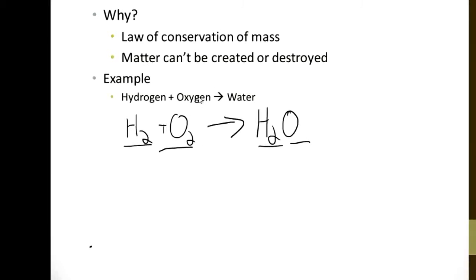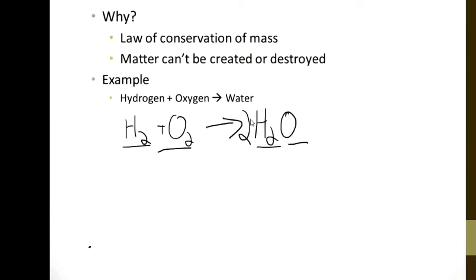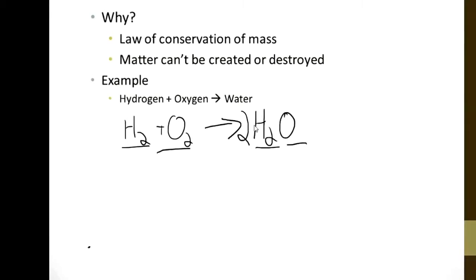If we left this like this, that would mean that 1 oxygen atom got destroyed, and you can't have that. So what we do is we put what's called a coefficient in front of this, like we've done in class before. This shows that there's 4 hydrogens on this side and 2 oxygens on this side. Now our oxygens match, but we have 4 hydrogens here and only 2 here.